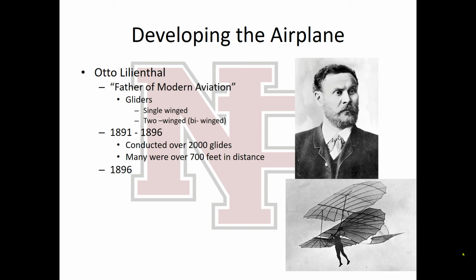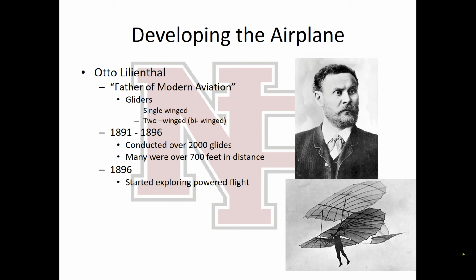In 1896, he started exploring putting a motor on here and actually creating powered flight. So he was starting to look at, hey, now I understand the concept of gliding. I got this. Let's see what happens if we attach a motor on this thing.